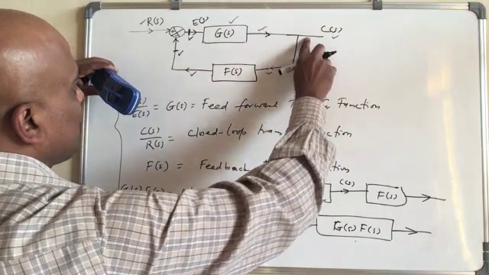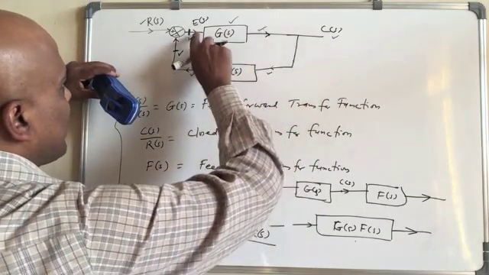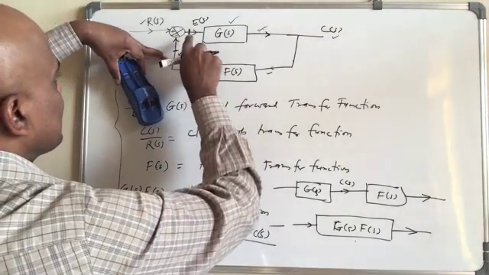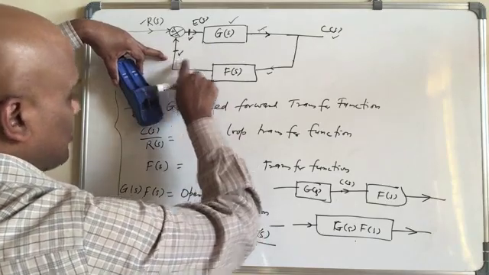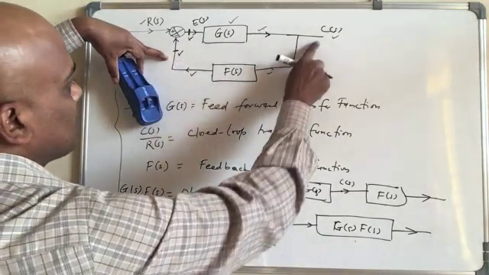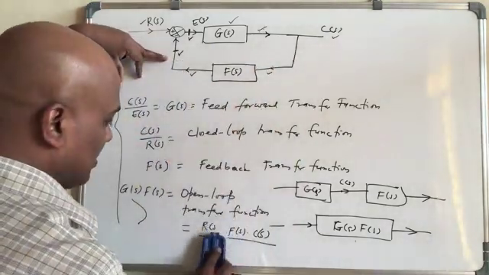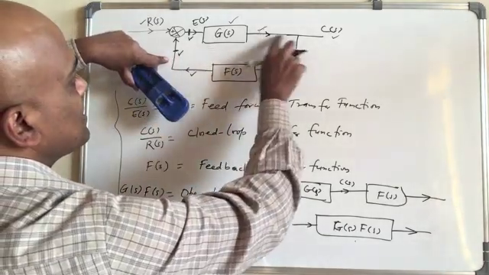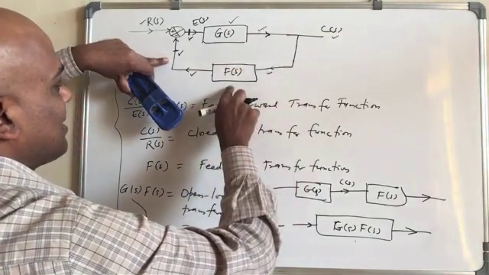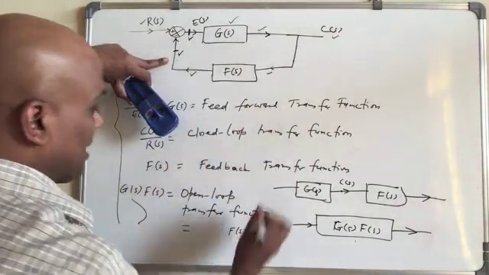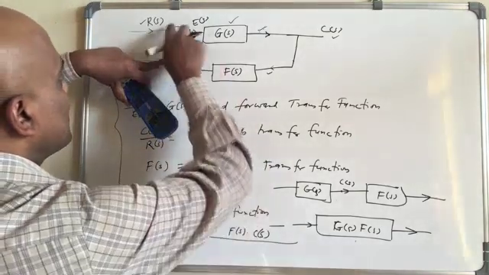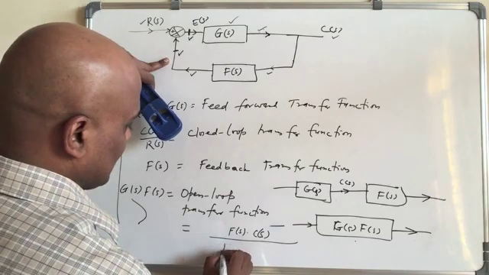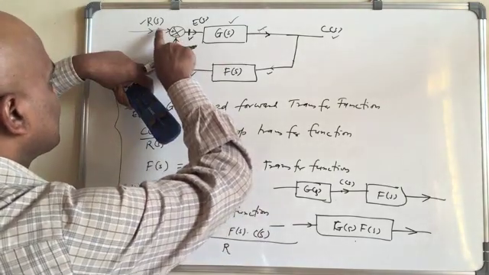Okay, so that really means this is the output, so the output is CS into FS. So CS times FS is the output here divided by input. And what is the input? Input is here, this one. So input is RS.